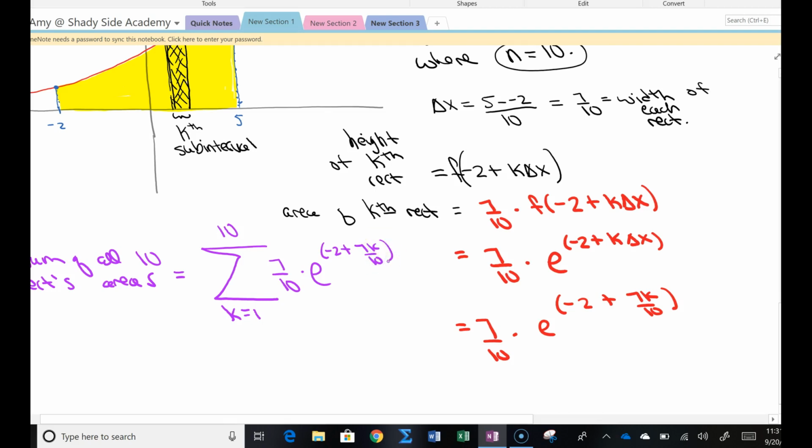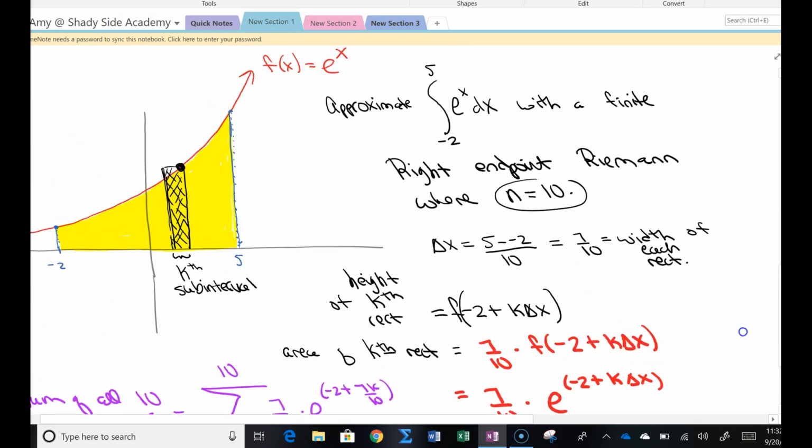And this is an approximation of the definite integral from negative 2 to 5 of e to the x dx. Okay, so that is it for this screencast.